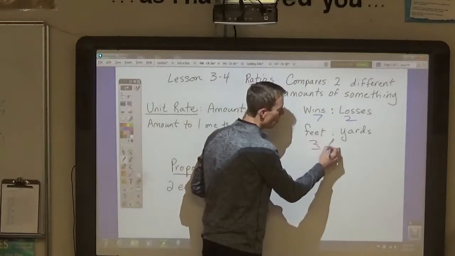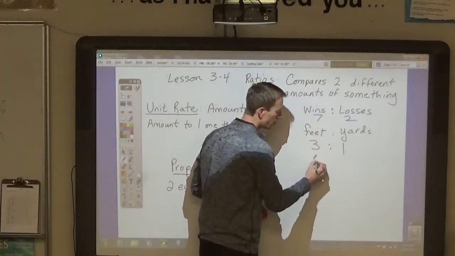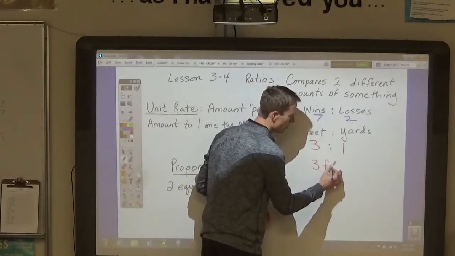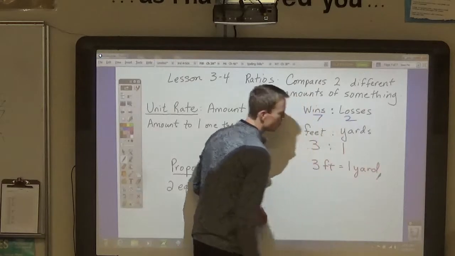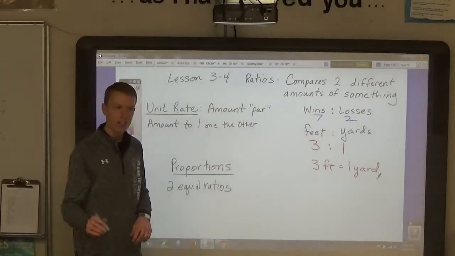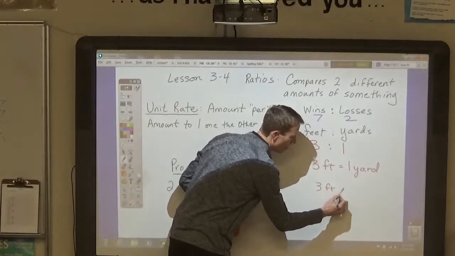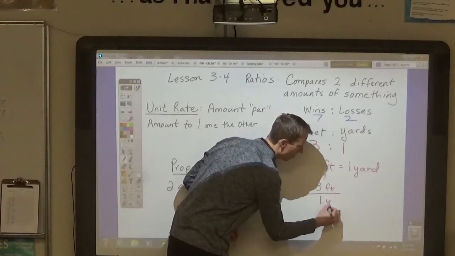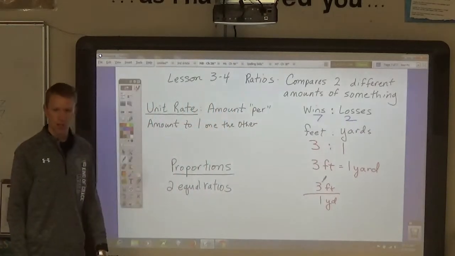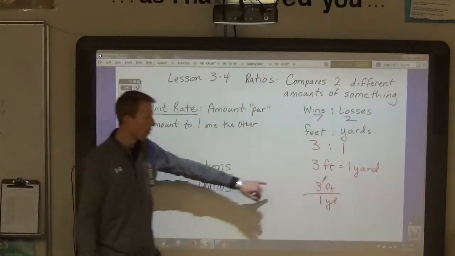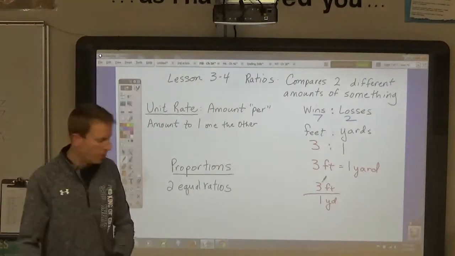Yeah, 3 to 1. 3 feet equals 1 yard. Now we can also write it this way. 3 feet equals 1 yard. This is how we'll use it today for finding a proportion to this.